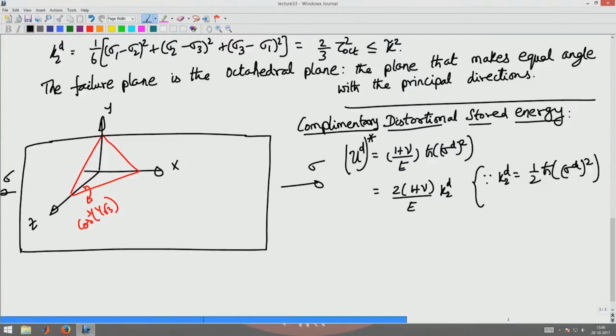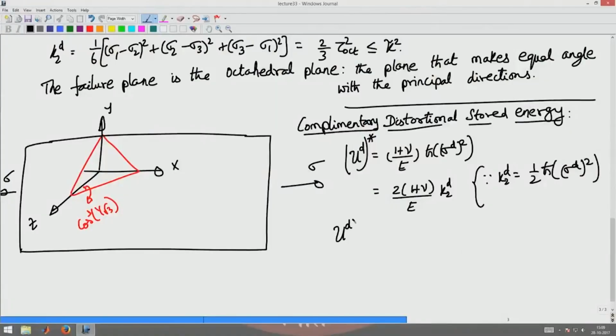So, you find that the complementary distortion stored energy is proportional to K2D, and hence the von Mises criteria can be interpreted as a criteria which says that when the complementary distortion stored energy reaches a particular value, the material fails.